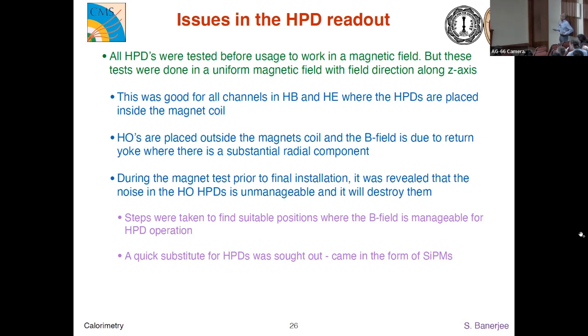And at that time, we found out that we have some problems. This particular test is good for the barrel and endcap, where the HPDs are placed inside the magnet coil. But HOs are placed outside the magnet coil, and the B field there is due to the return yoke, where there is a substantial radial component.